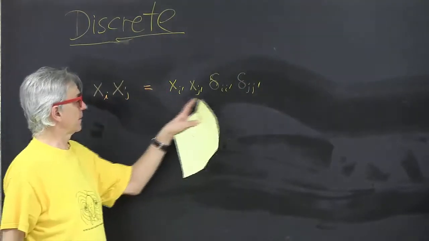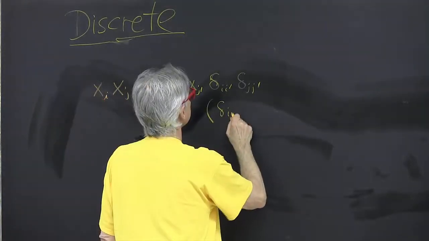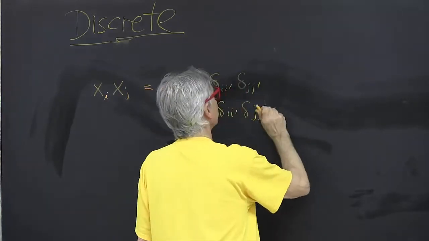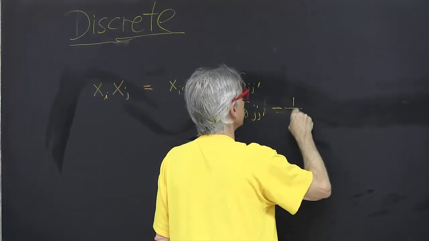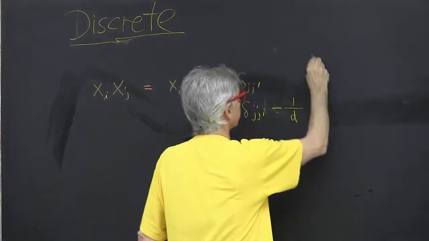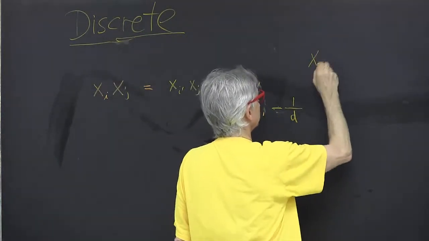And whenever an index appears, take this term, one over the dimension of the space where x_i lives.